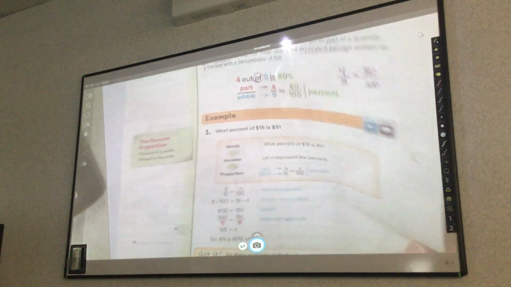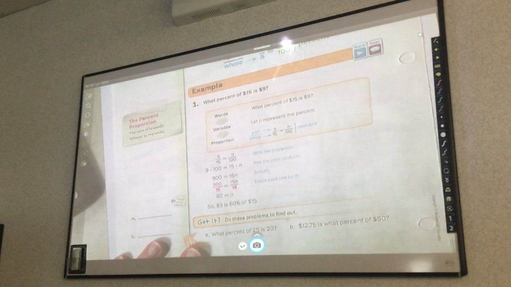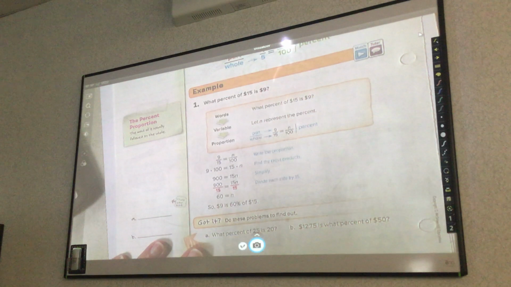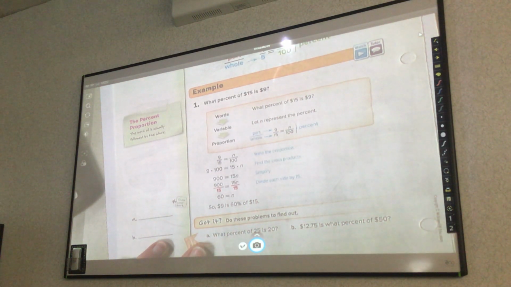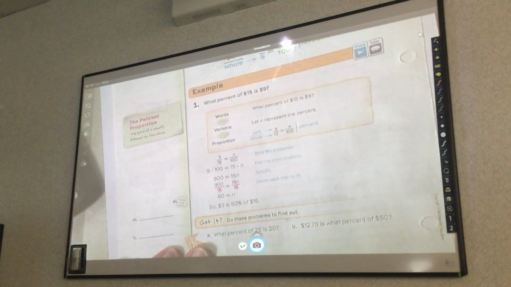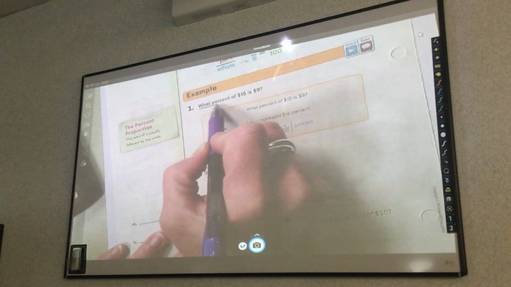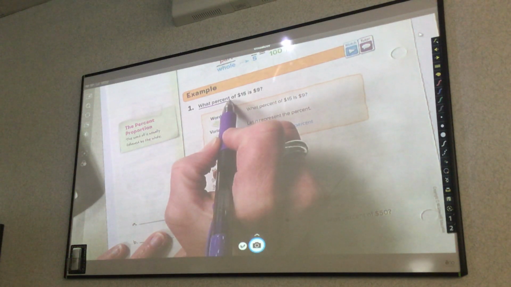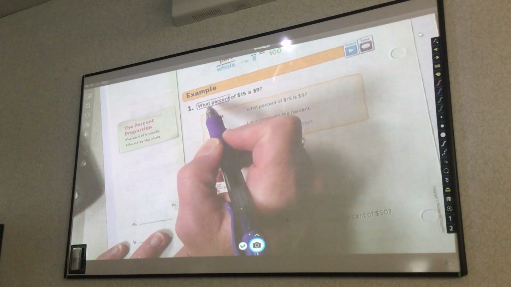Our first examples. Now, when I write and I'm going to box and circle very important key phrases or terms, I want you to box it and underline it and circle it as well, because I'm going to expect to see that on the assignment. When it says what percent, whenever you see the what, that's what you're trying to find.